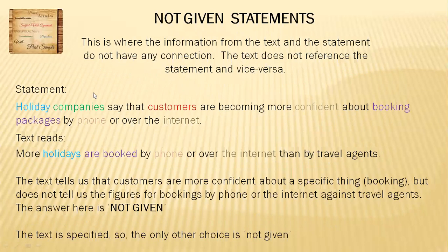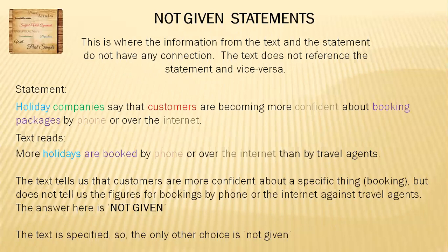So we have our keywords, but the overall context of the sentence means customers are becoming more confident. They feel increasingly confident about booking themselves rather than having to use an agent, because the process has become easier and easier. Doesn't matter why, we're just looking at the sentence.